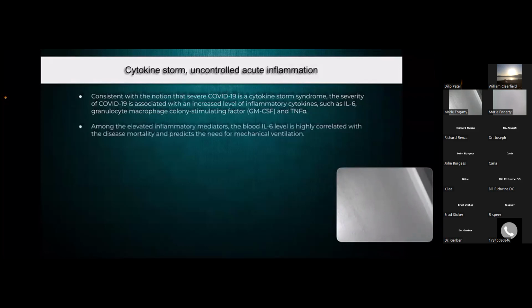Among the elevated inflammatory mediators, what you really see in diseases is the innate immune system, which is the monocytes and macrophages. Sometimes those are the main players of the immune system. As long as those things are just firing, then you've got this T cell and B cell activity.